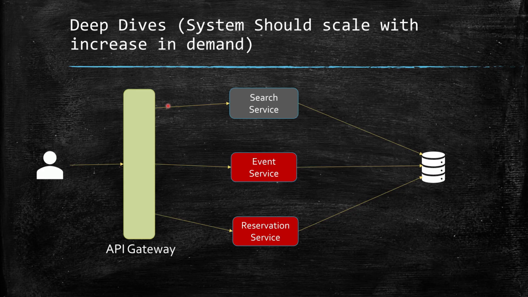So these are kind of single points of failure. If any of the services goes down or becomes slow, with high latency, the entire website could crash, right? As a result, we will try to improve both of these services, the event service and the reservation service.